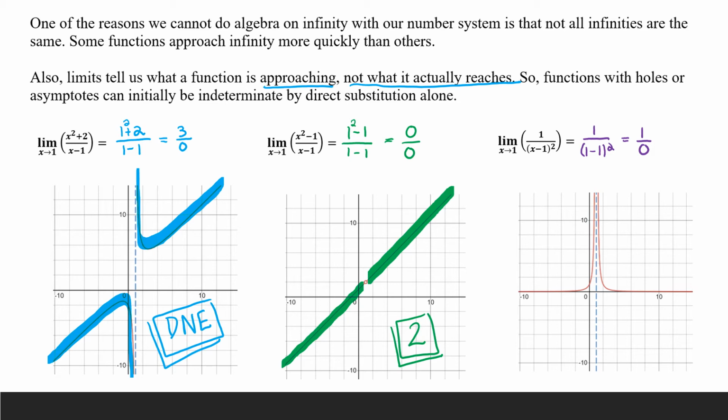You gotta do more work. So if we take a look at this graph, and we look at the right limit, we see that from the right, this limit is approaching infinity. And taking a look at our left limit, we're also approaching infinity. So the limit as x approaches 1 for this function is positive infinity.